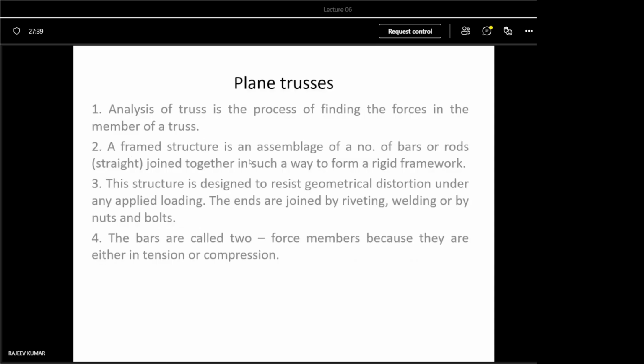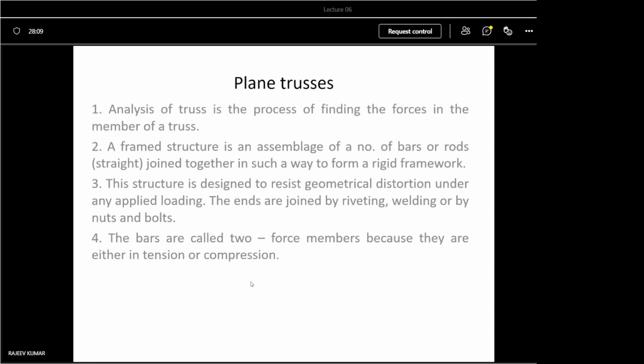A framed structure is an assembly of a number of straight bars or rods joined together in such a way as to form a rigid framework. This structure is designed to resist geometrical distortion under any applied loading, whether in the breeze you are seeing, the rooftop, or some structure you are creating.